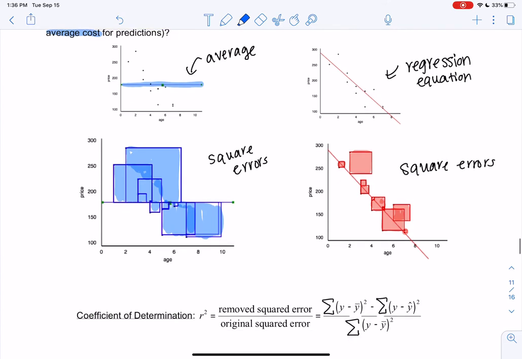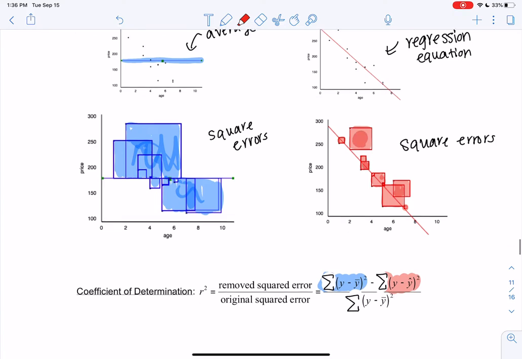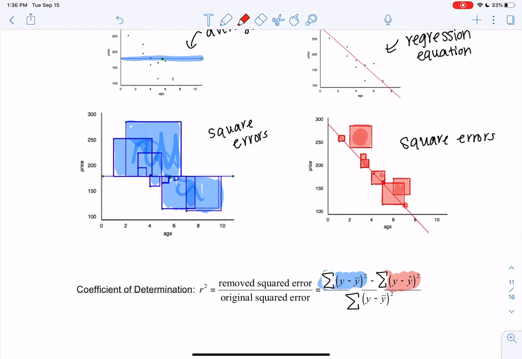So let's check out the formula. We're not going to use it, but it'll explain what's going on. What the formula is doing is finding the sum of the square errors from the average. I'm highlighting it in blue because it represents all of these squares. And then we find the difference between these squares on the right. So we're basically finding how much it changes by. Removed square error is the difference.